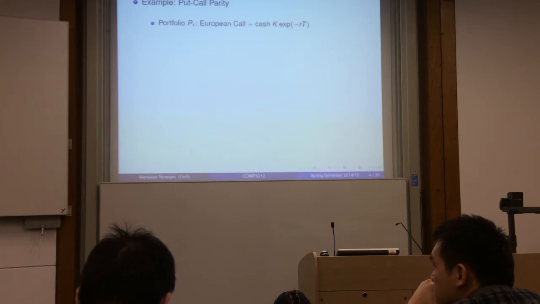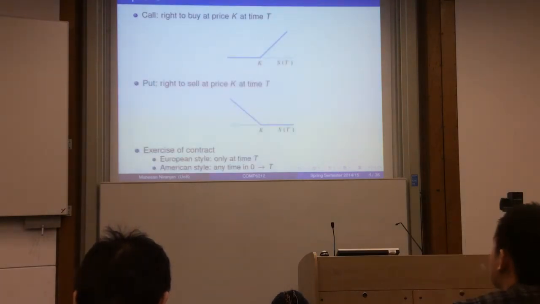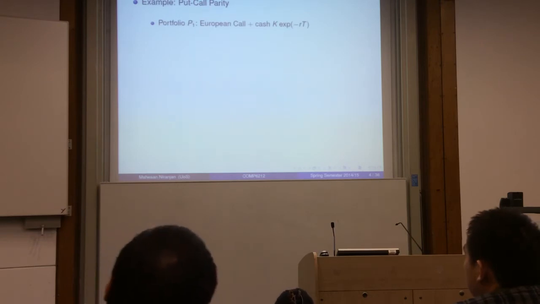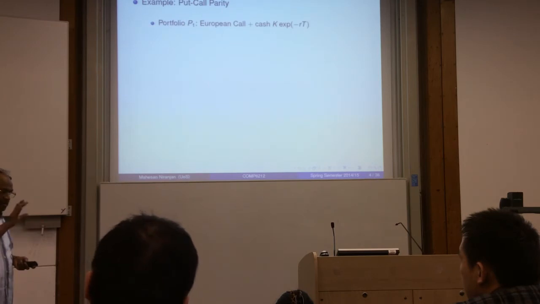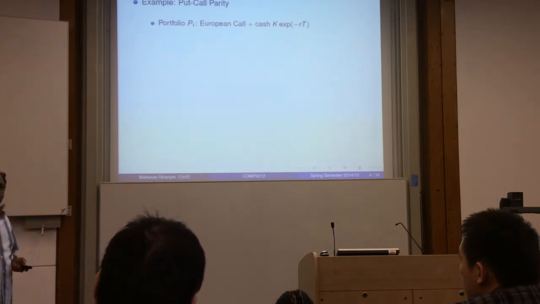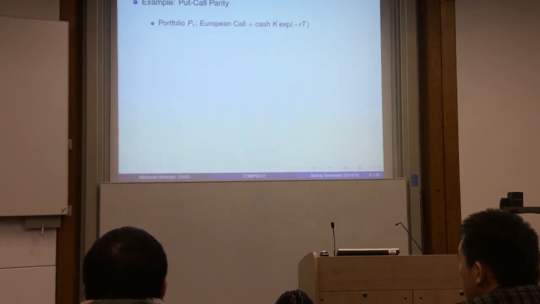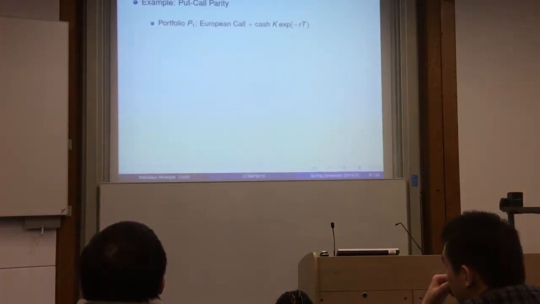And in that, once you have these 2 pictures in mind, there's a thing called put-call parity. There's a very nice relationship between prices of call options and prices of put options. Okay? And that's what this parity is called. So we derive this, and here also we'll see this no arbitrage argument. So we'll derive this by saying, okay, suppose I have a portfolio, call it P1, and what I have is a call option.